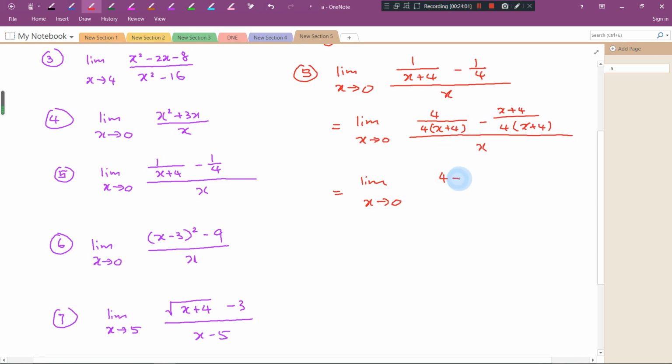So 4 minus x minus 4 over 4x plus 16. So divided by x, I can change it to become 1 over x times 1 over x, the same thing. Okay, if you want, you can put a parenthesis here. If you don't want to put a parenthesis, okay.